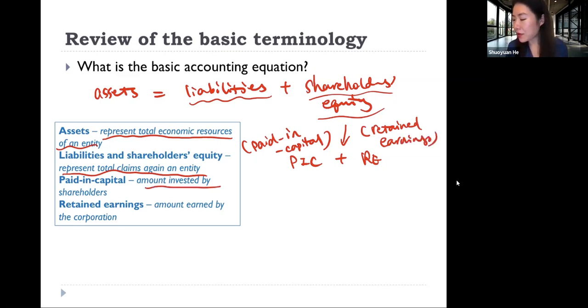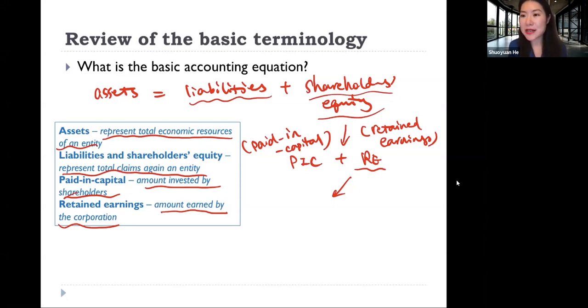So paid-in capital is basically the amount invested by shareholders, and retained earnings is the amount earned by the corporation. So using the amount invested by shareholders, how much the corporation earned. And retained earnings is also the sum of all of the firm's net income minus dividends from the beginning of the firm.